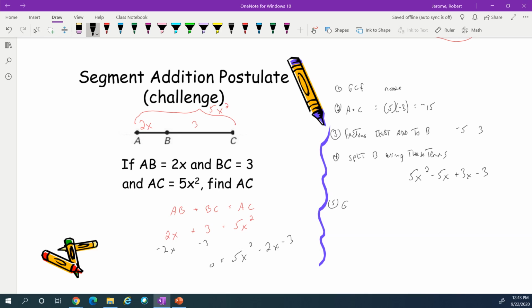And now I'm going to group and GCF. So I'm going to take the GCF out. I'm going to take the GCF out. And now, since the parentheses are the same, they're technically a GCF.